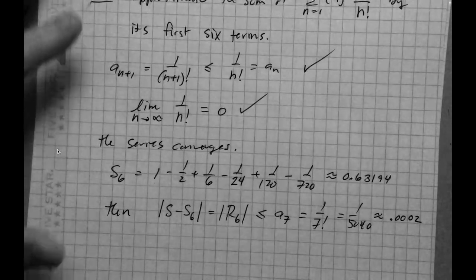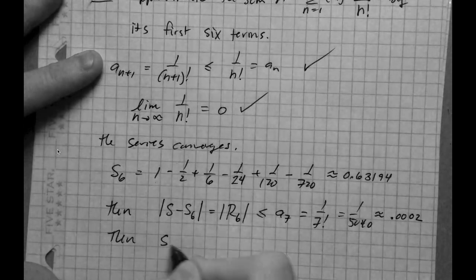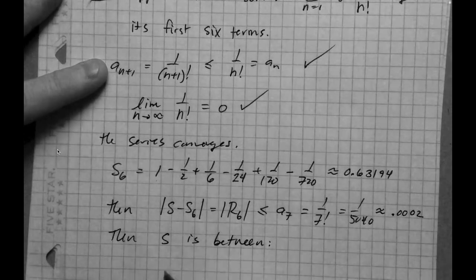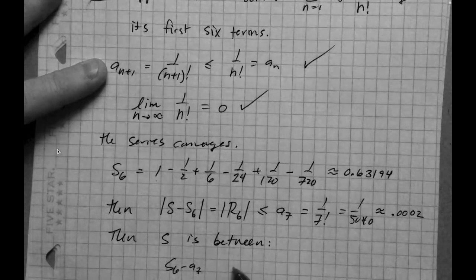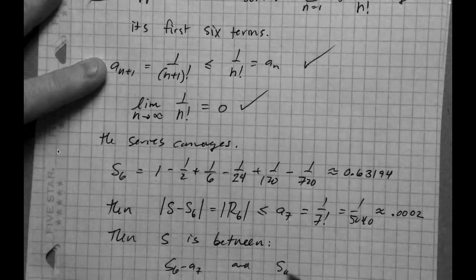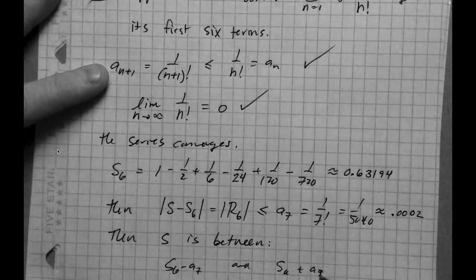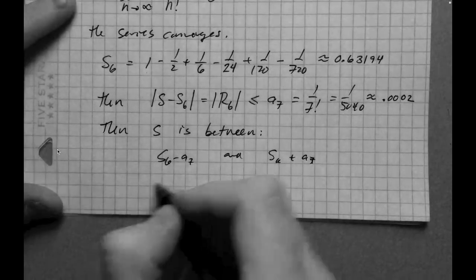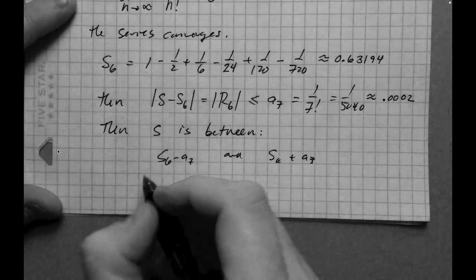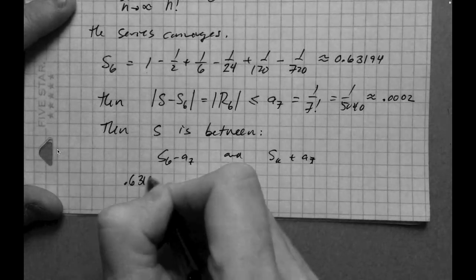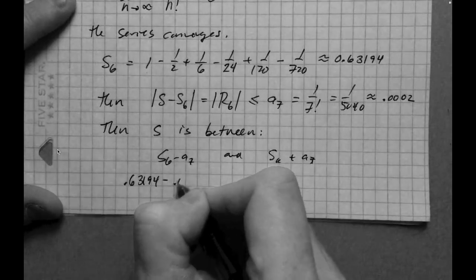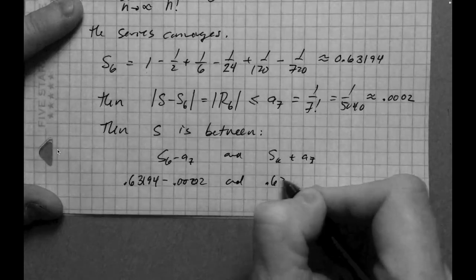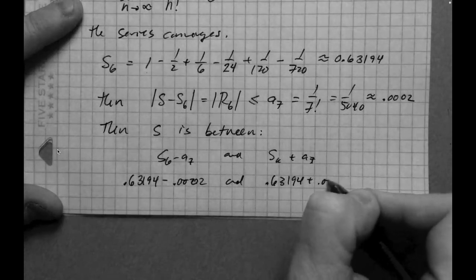Okay, so what we can say then is S is between S6 minus a sub 7 and S6 plus a sub 7. So it's going to be in that interval. And so practically speaking, this is going to be 0.63194 minus 0.0002 and 0.63194 plus 0.0002.